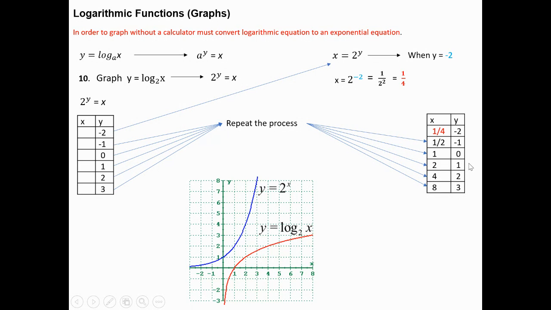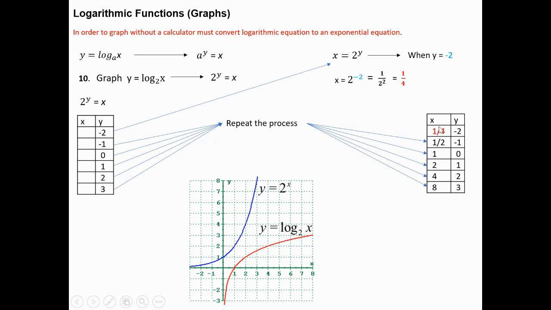In other words, I believe when we graphed y equals 2 to the x, all the x's were here, and then the y's were where the y is. So if you invert, say, for example, you put all these values for x, and then all these values for y, it's going to be the graph in blue. Okay, that's what it means, that they're inverses of each other.